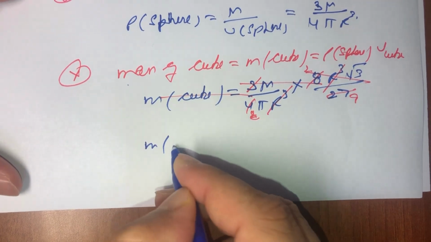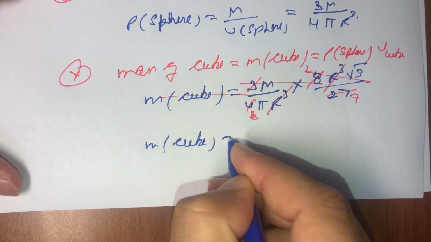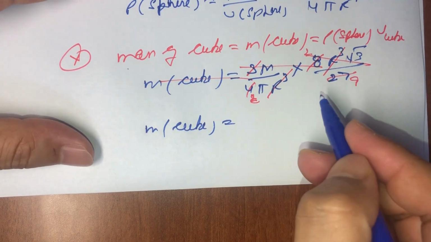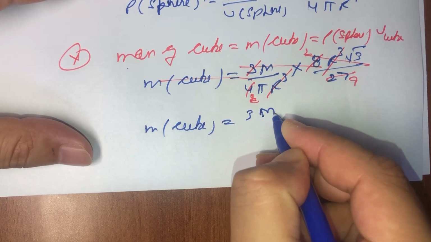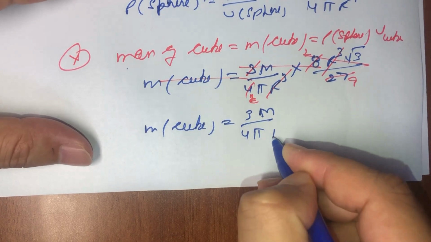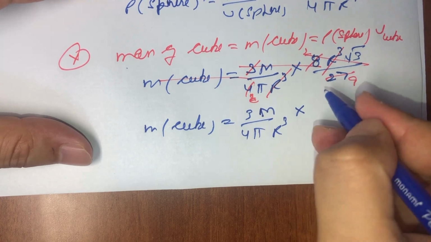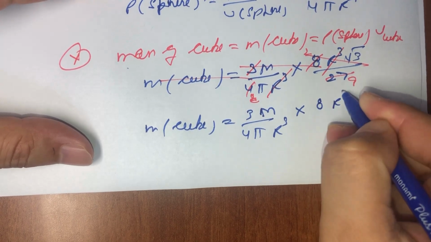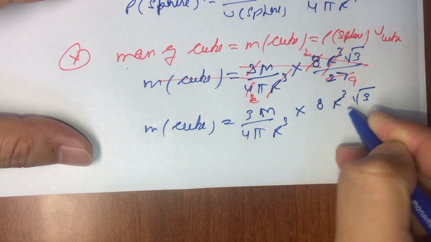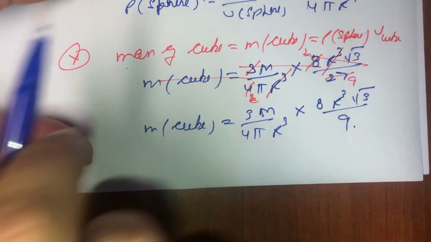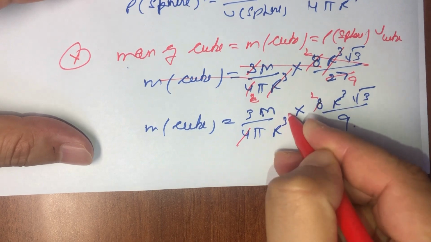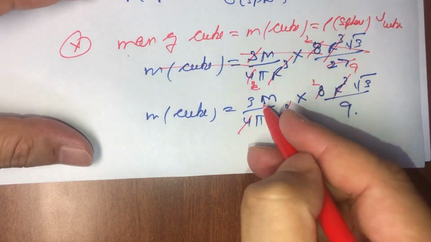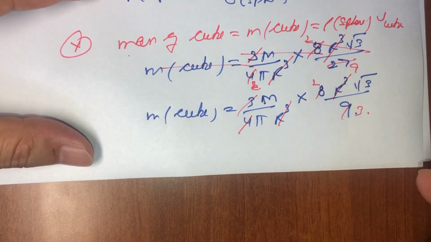We get mass of cube equal to density of sphere, 3m divided by 4 pi r cube, multiplied by 8 r cube root 3 over 27. Now the r cube cancels, and this cancels by 3.